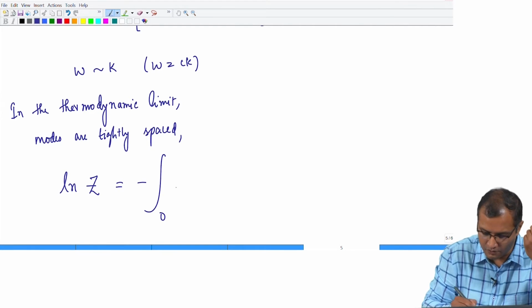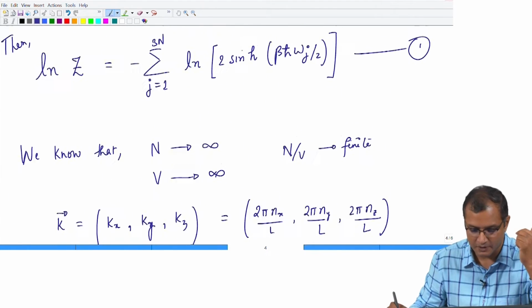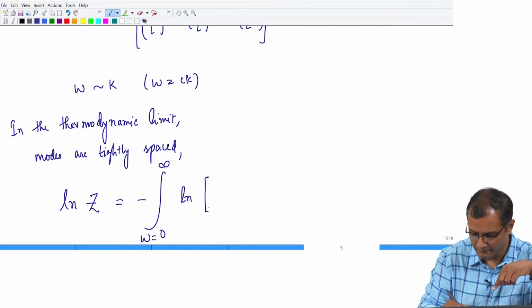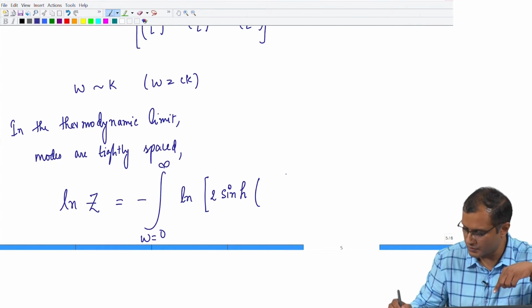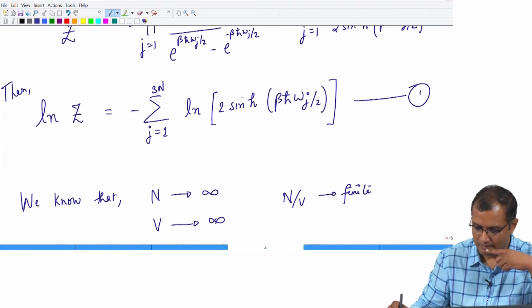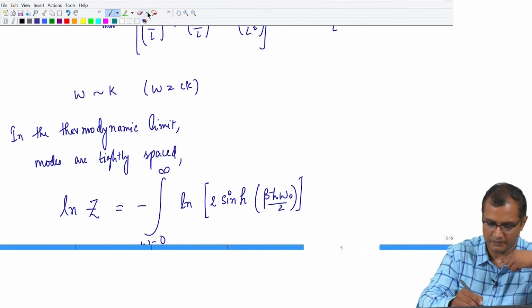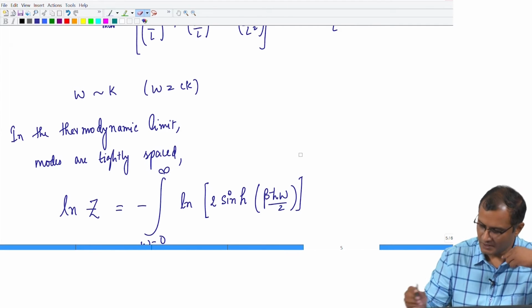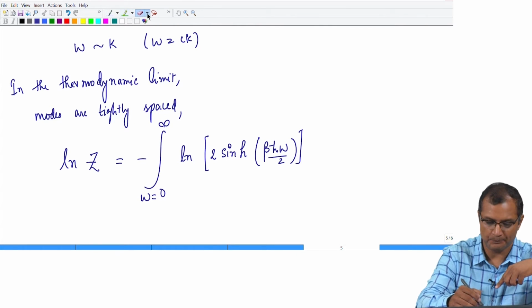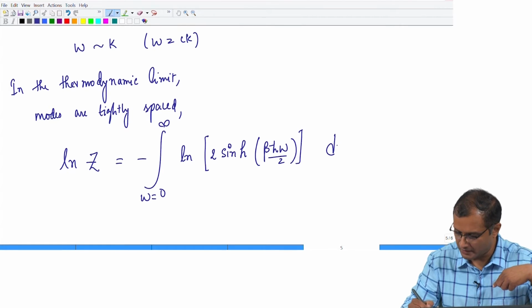So, this would be like omega going from 0 to infinity, and I will have to integrate ln of twice sine hyperbolic of beta h cut omega by 2, correct, and there shall not be any subscript, in fact just omega, because we are integrating over all omega, d omega.